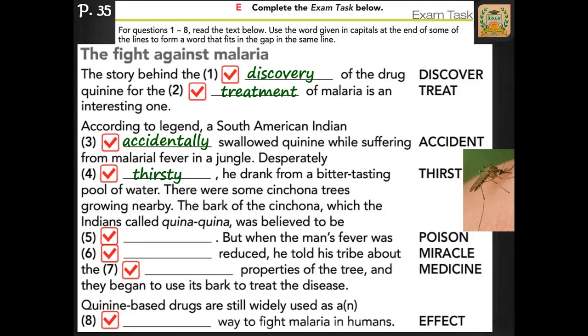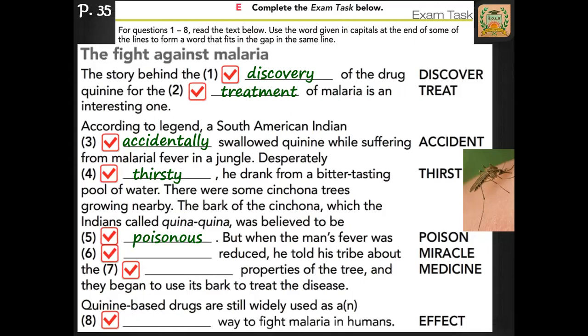There were some cinchona trees growing nearby. The bark of the cinchona, which the Indians called quina quina, was believed to be poisonous.